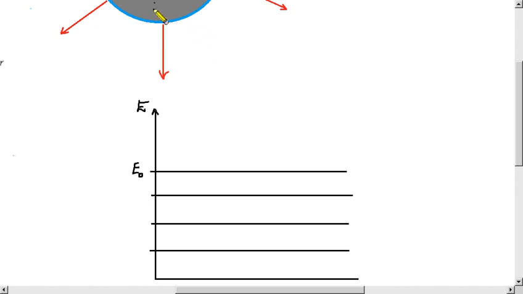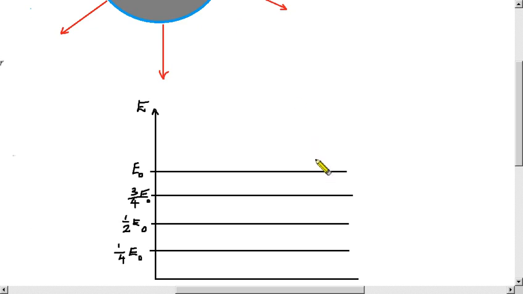So now we can label E naught, quarter E naught, half E naught, like this, then 3/4 of E naught. So like this, the values of the y-axis are like this.